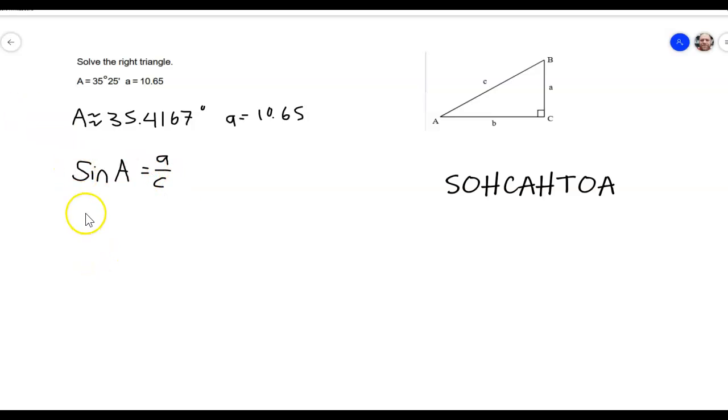Substituting in, the sine of 35.4167 degrees is equal to 10.65 over c.